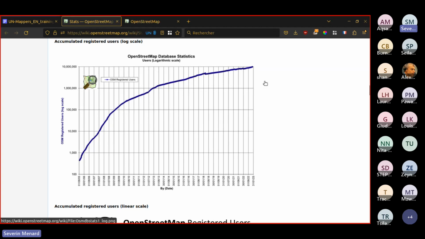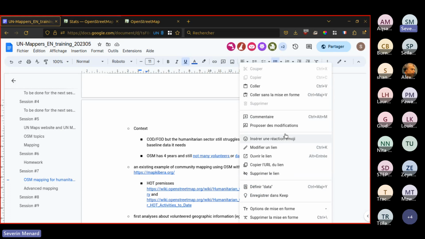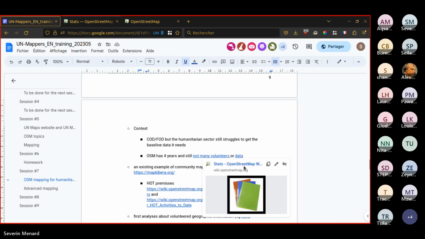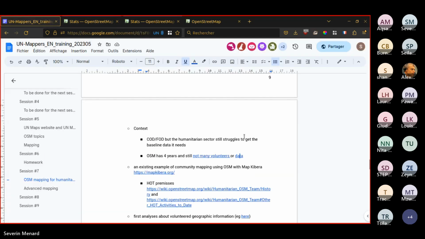But it's really the starting years of OpenStreetMap. And regarding the data itself, of course, it was absolutely not comparable with what we have now, especially in the developing countries.